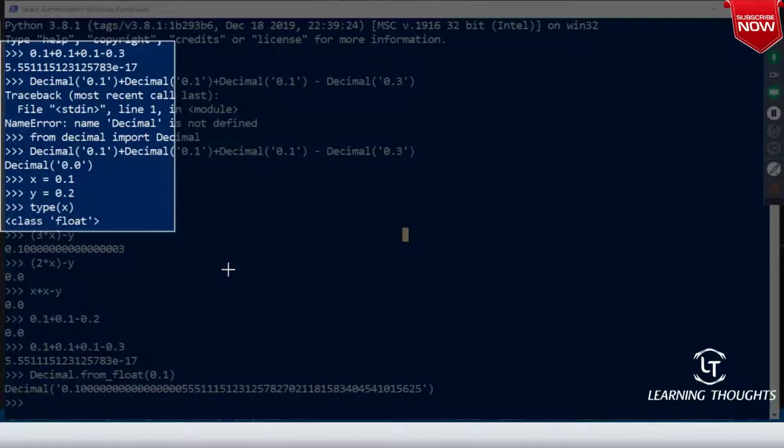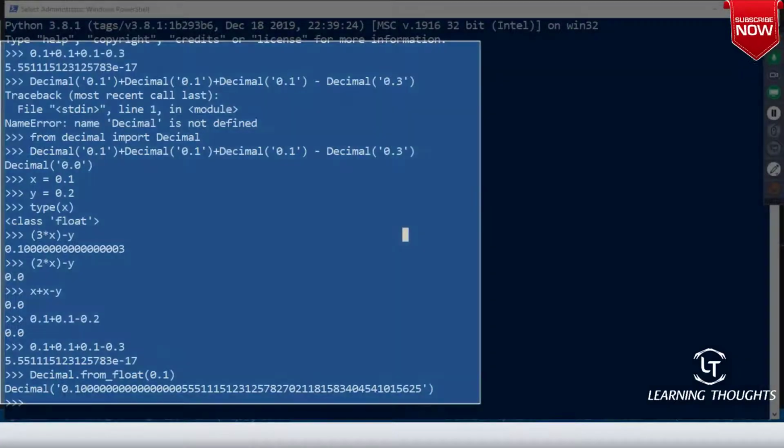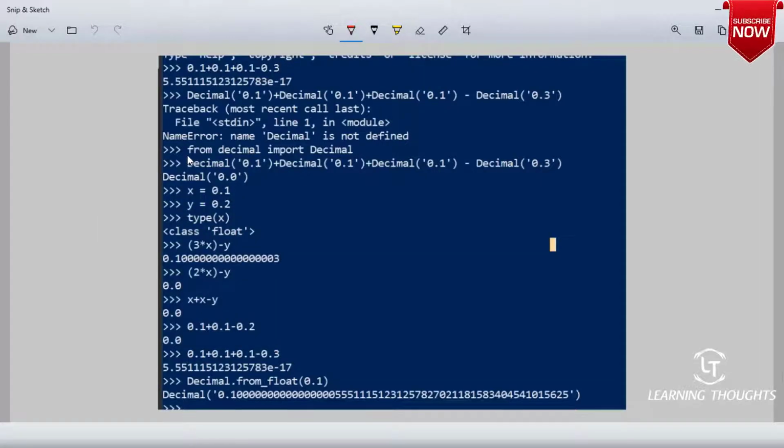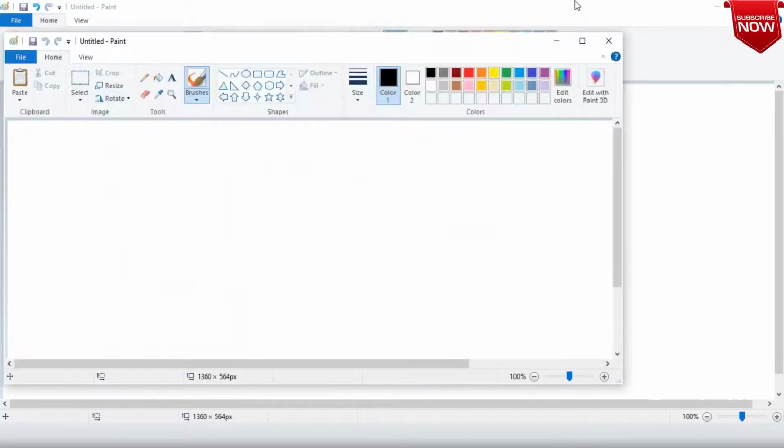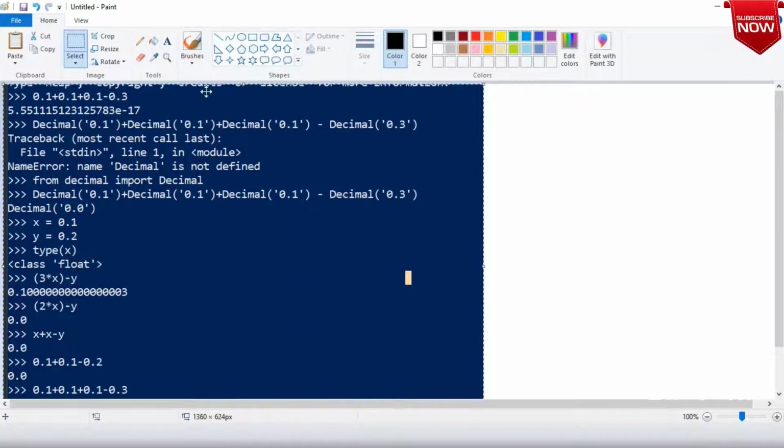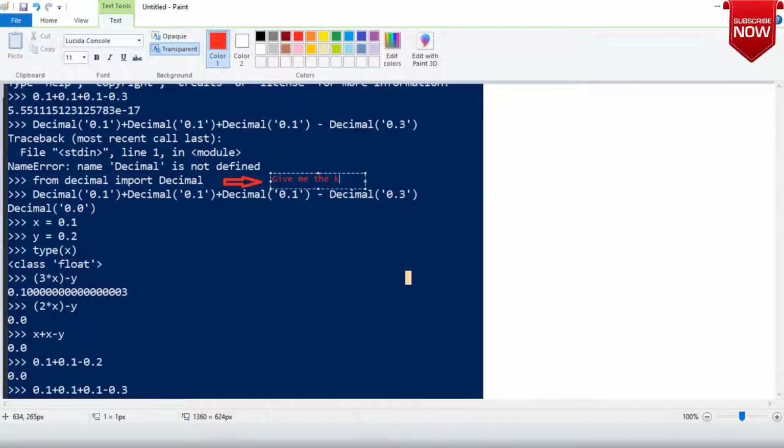So when do I use this statement? Let me go to paint, create one more paint stuff. Now I am trying to tell that this statement basically means give me the knowledge of decimal.